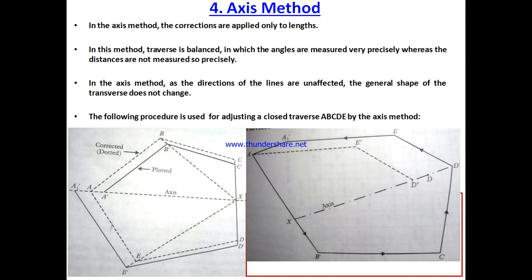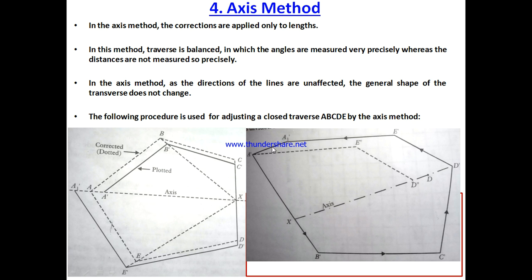In that particular case, suppose for example I have the traverse A dash, B dash, C dash, D dash, E dash, and it should be closed if E dash joins again to A dash, but E dash is ending somewhere at A1 dash. So we have an error of A dash A1 dash in this case.